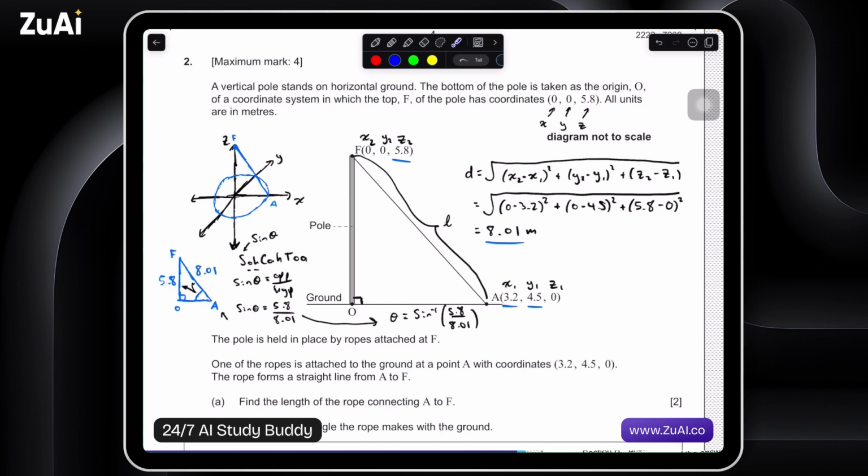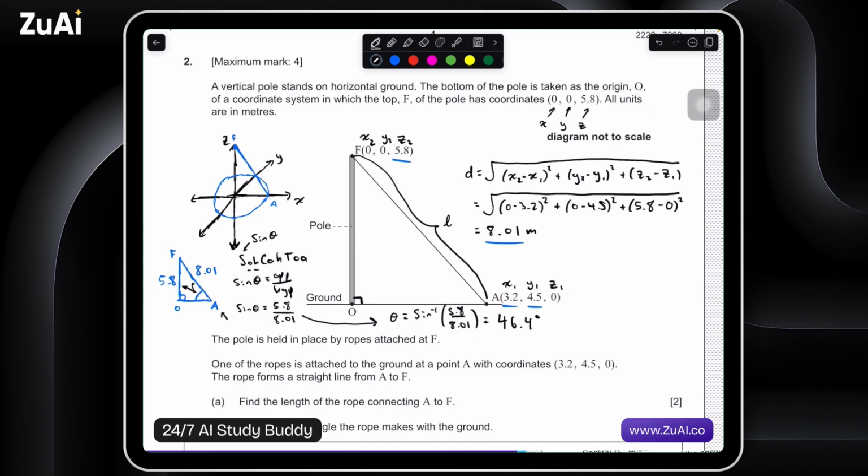Just make sure you are in degrees, of course. So 5.8 divided by 8.01 gives us a value of 46.39, or 46.4 degrees.